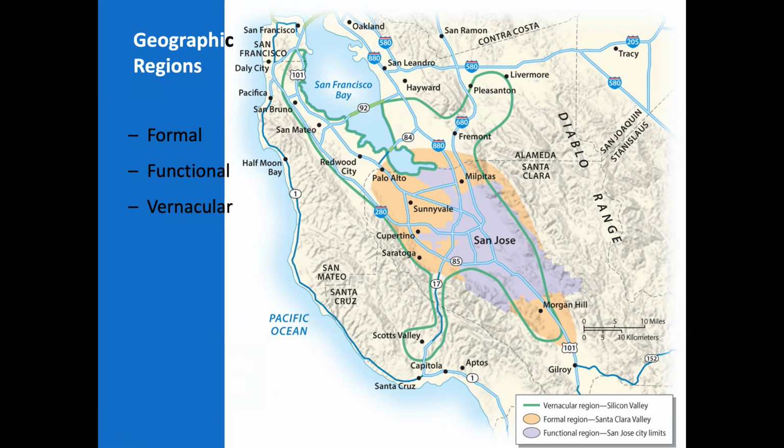It doesn't really attach itself to a specific county. In this case, one, two, three, four, five, six different counties are part of what's called Silicon Valley. But that's one individual's idea. It could frankly change or be different depending on who draws the map.